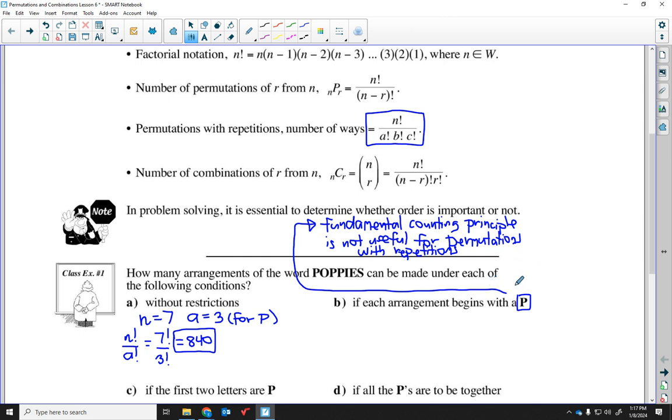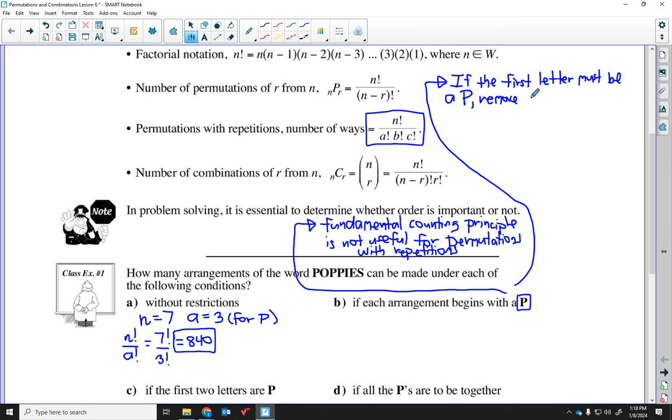So here's the logic I'm going to use in terms of how I'm going to solve this problem. I'm going to say if the first letter must be a P, what I'm going to do is I'm going to remove a single P from the word poppies.